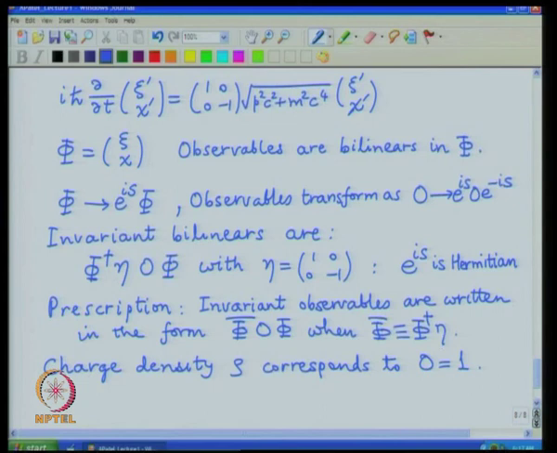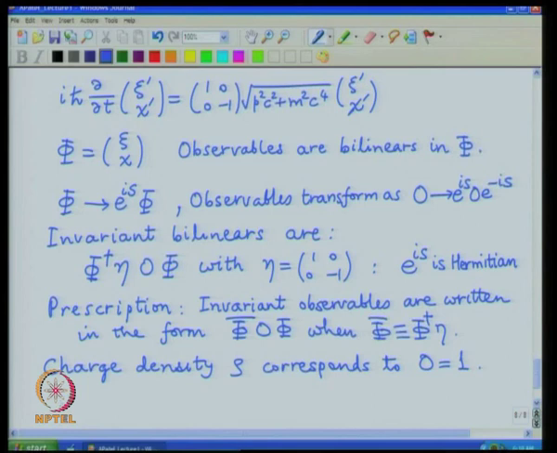The opposite signs which were present in the expression are taken care of by this matrix eta, so that the upper component will contribute a positive term to rho and the lower component will contribute a negative term to rho.